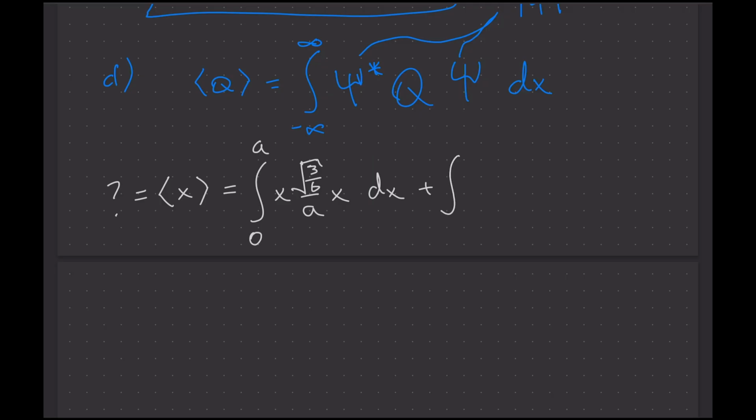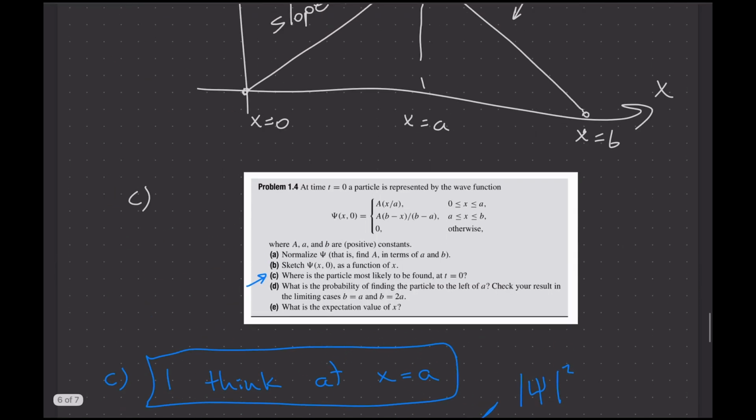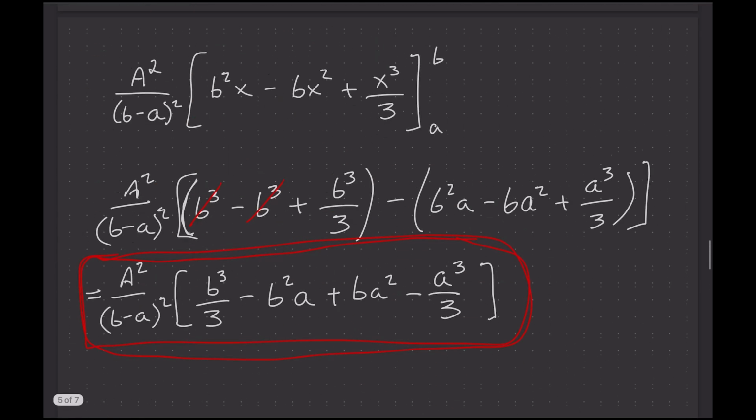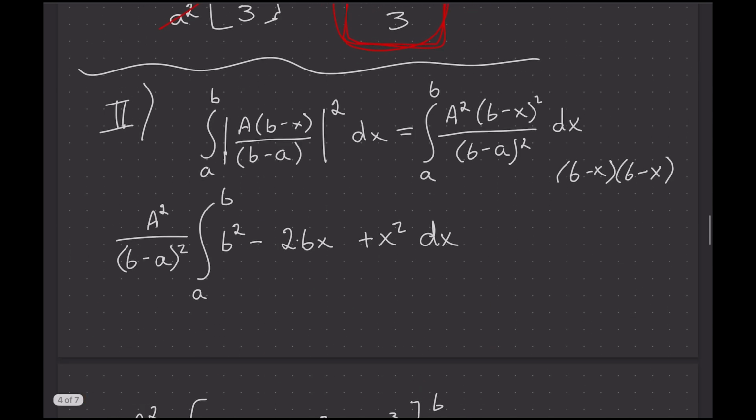Then we can add this to a to b. We have an x here. Oh my god, we also have to do the wave function squared, so it's this whole thing squared. And this is getting complicated. Okay, now here we have another function, which is that complicated one, slightly more complicated. Here it is.